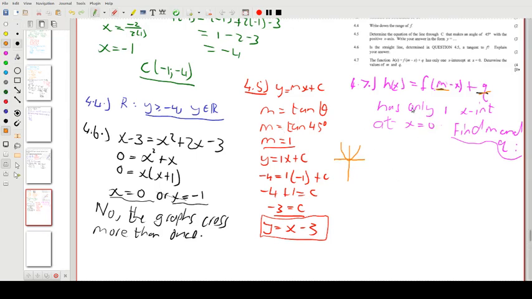Now how do we change it from having a turning point there? So it was -1, -4. How do we move it there? Right, so it has to go 1 to the right and 4 up.